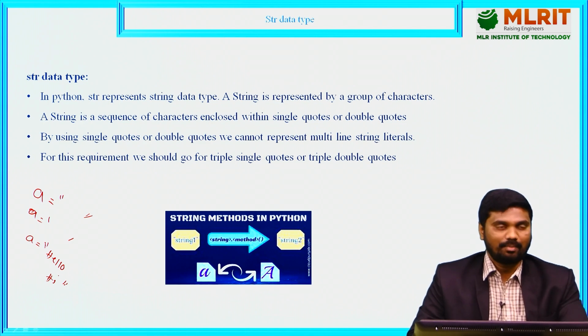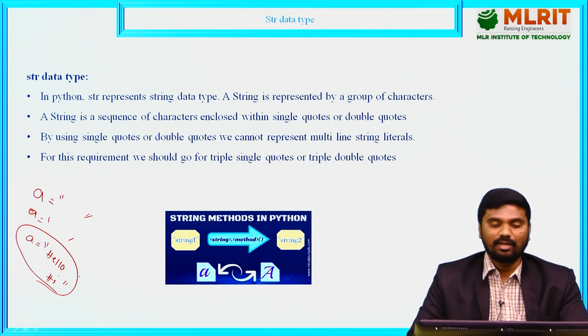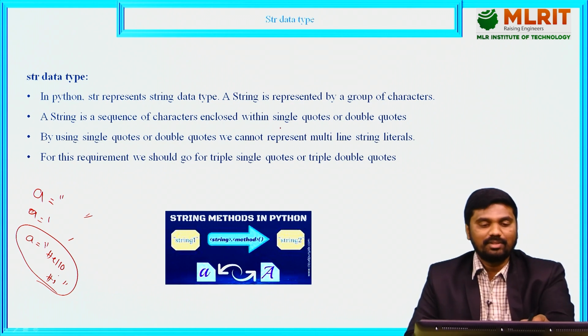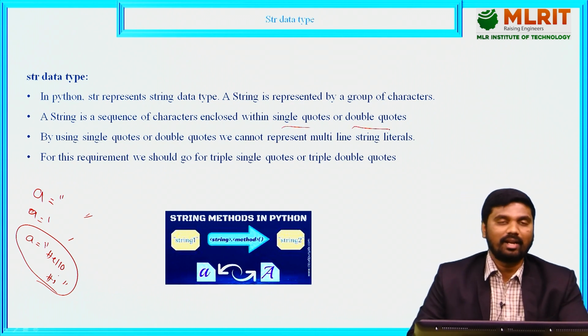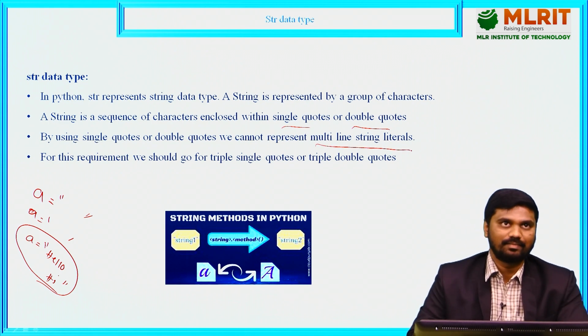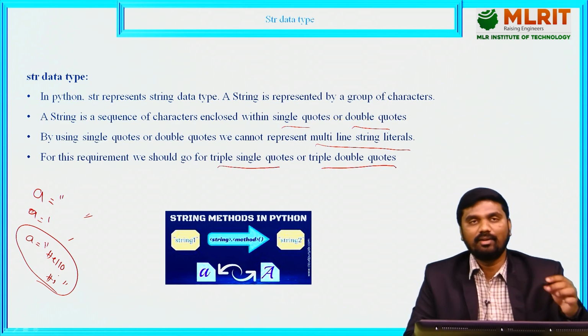If you want to represent these multi-line string literals, then we have to use triple double quotes or triple single quotes. That means by using single quotes or double quotes, we cannot represent multi-line string literals. So for that purpose, we have to use triple single quotes or triple double quotes.